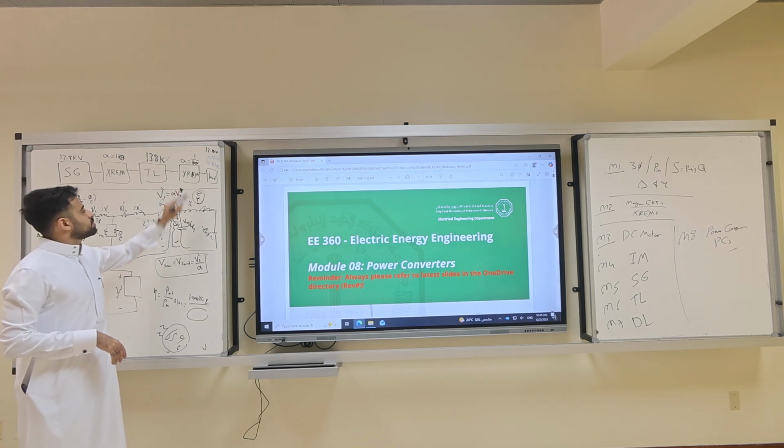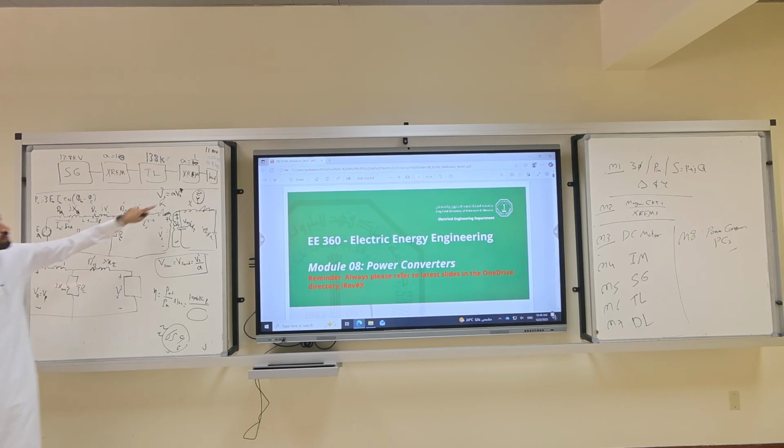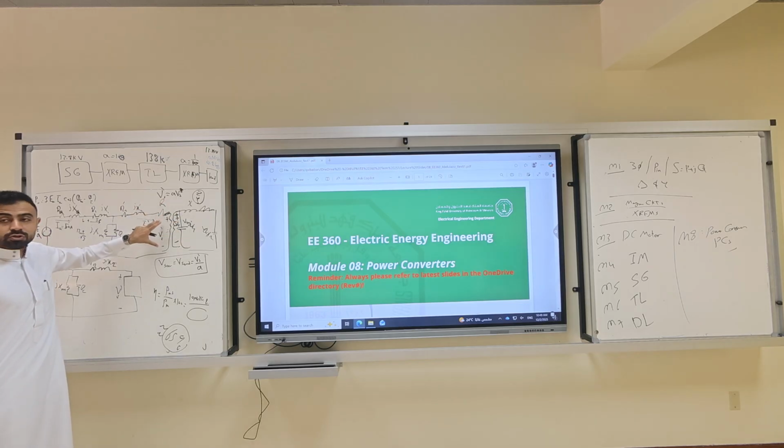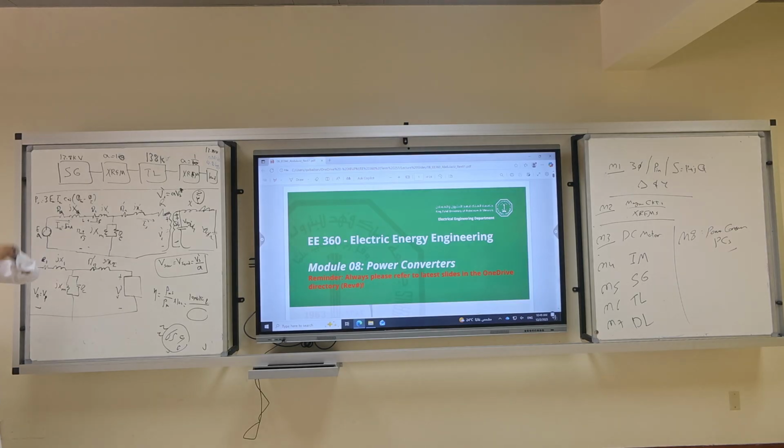No. A Vs prime equals A Vs. So this Vs is the input of the transmission line. This Vs prime is the output of your transformer, if you refer it to the primary. If you refer it to the secondary, then your VP should be reflected. So this 13.8 or so should be divided by A to get VP prime. It's your choice.